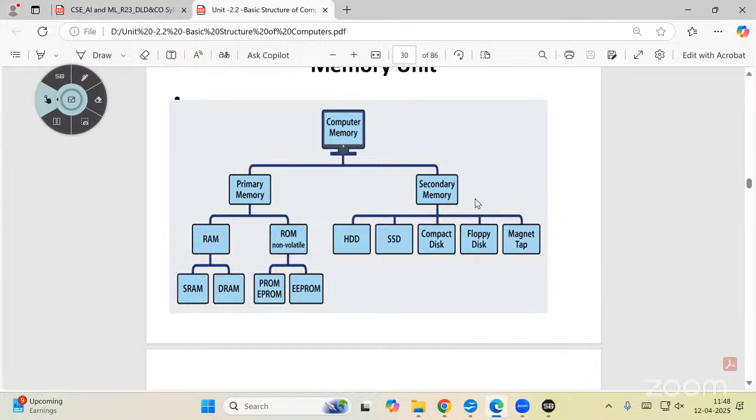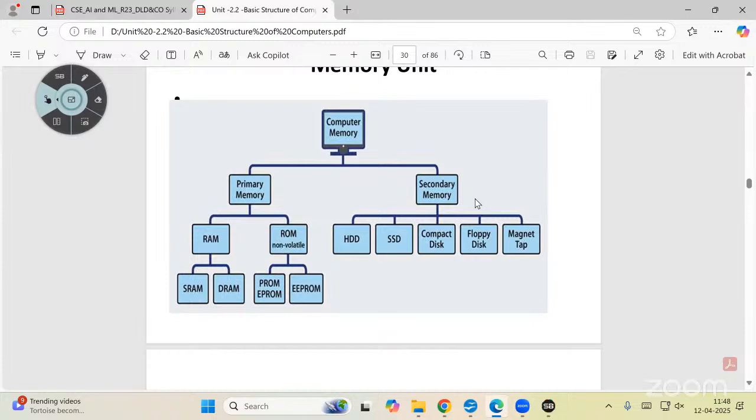If you do not have enough space for the data, then you insert one external memory, that is an SD card, a storage card. What do you call those small things? Memory cards. When you insert a memory card, that is secondary memory.